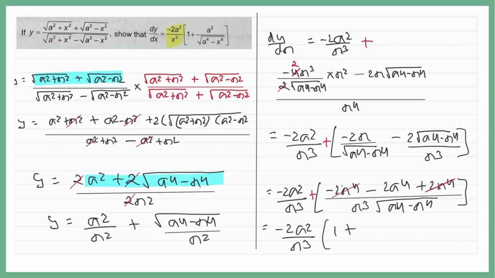We are left with a² because I have taken a² as common, so it was a⁴. And this is divided by the root of a⁴ − x⁴, since I have taken x³ as common. So I can see this is what we needed to prove.